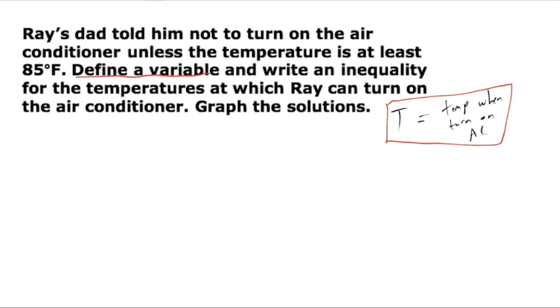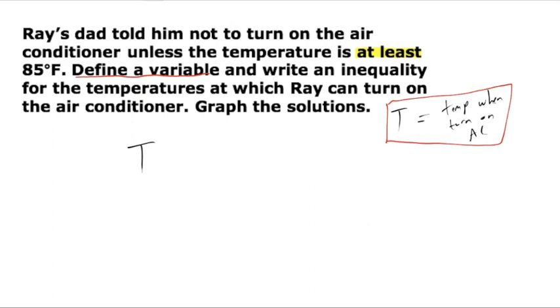Now we want to write an inequality for the temperature at which he can turn it on. Our variable t represents the temperature at which he can turn it on. And Ray's dad says that it needs to be at least 85 degrees.